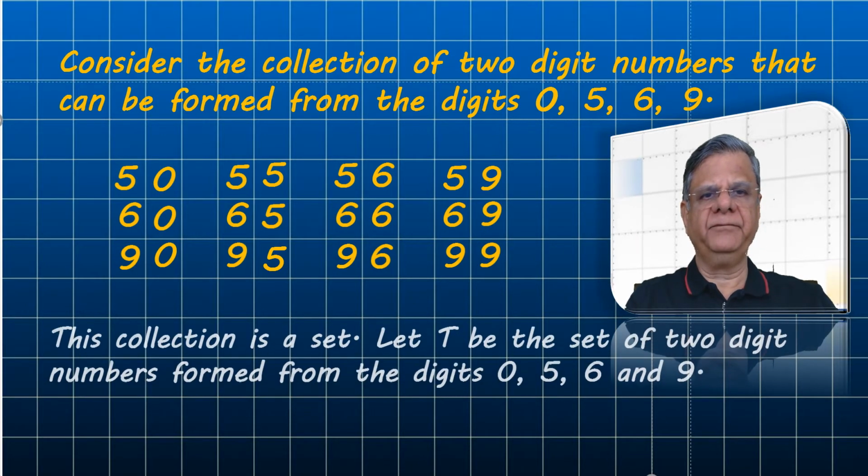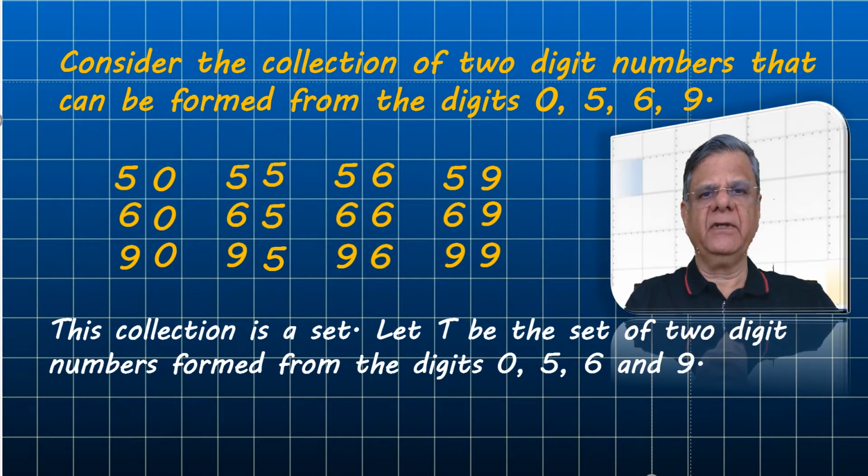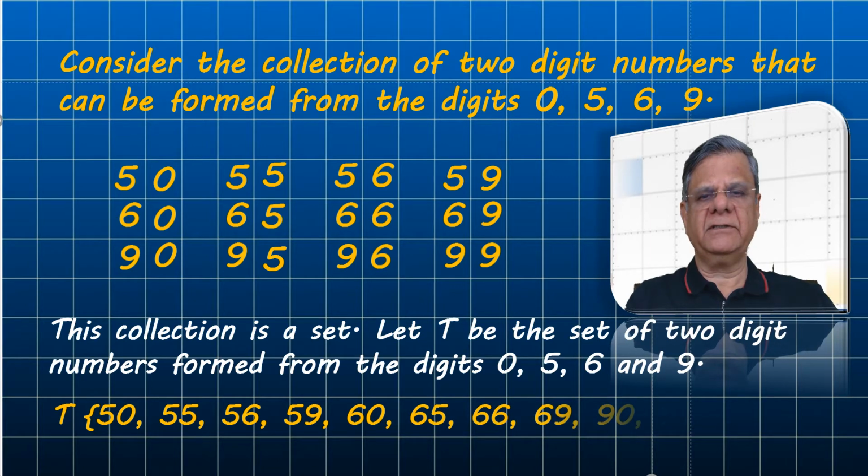This collection is a set. Let T be the set of two-digit numbers formed from digits 0, 5, 6, and 9. Then T = {50, 55, 56, 59, 60, 65, 66, 69, 90, 95, 96, 99}.